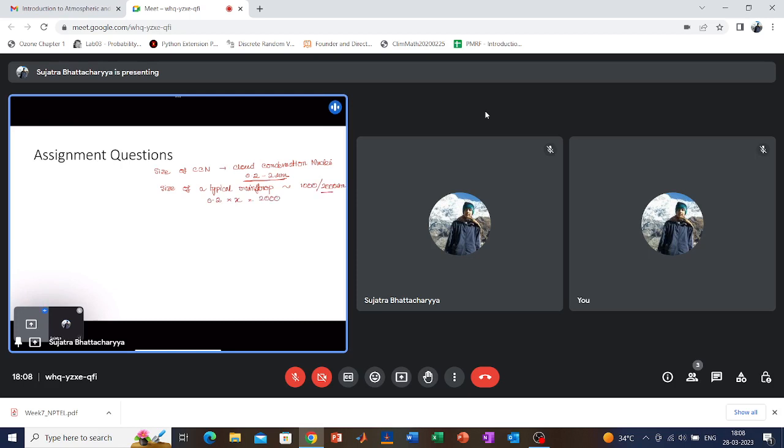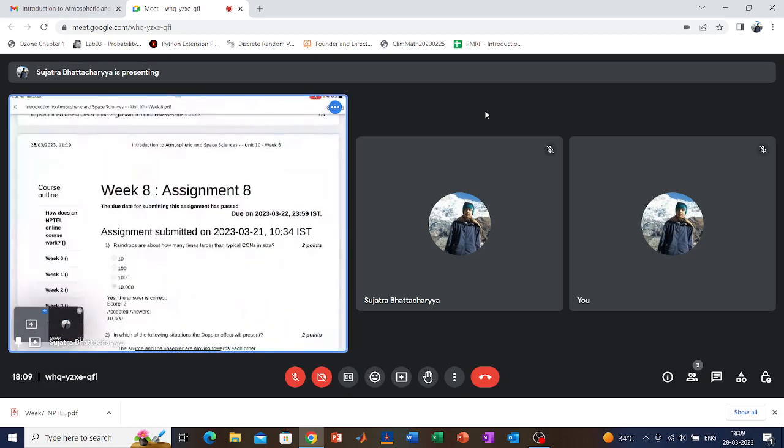I'm taking 2000, you can take 1000 also. So nearly it will be about 10,000 times, right? Because 10,000 into 0.2 comes out to be 2000 micrometer. Therefore, the size of the raindrop is about 10,000 times the size of the CCN. Therefore, the correct option here will be 10,000.